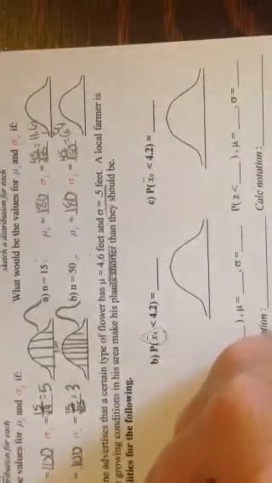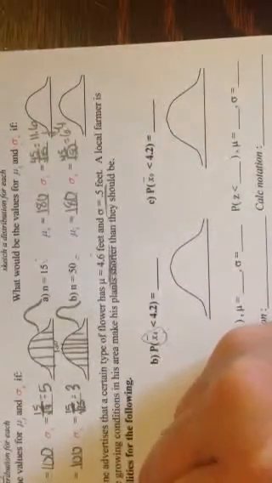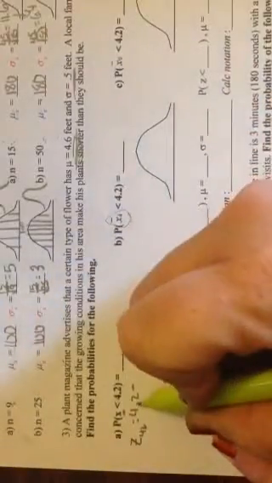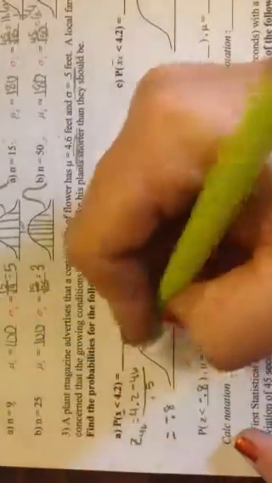We're going to find the z-score of 4.2, which is 4.2 minus the mean, 4.6, divided by the standard deviation, 0.5, and that gives us negative 0.8. So our z-score is negative 0.8.